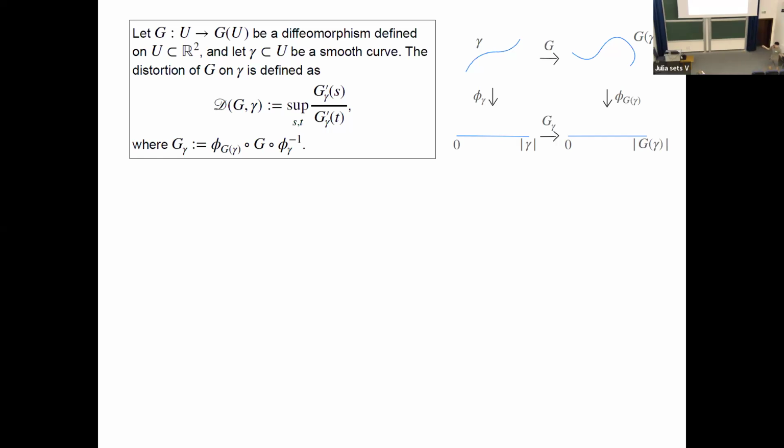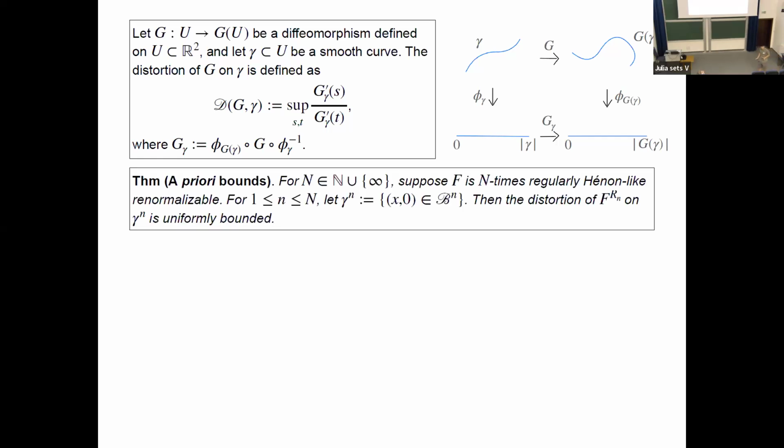So if your map is linear, so the derivative is the same everywhere, then the nonlinearity or the distortion will be just 1, right? But if it's highly nonlinear, so let's say in some places the derivative is huge, in some places the derivative is small, then the distortion will be correspondingly big. Okay, so this is a measure of nonlinearity.